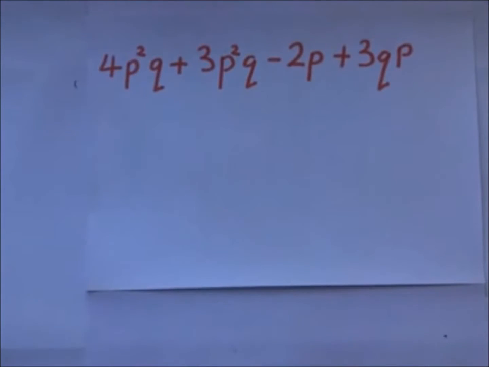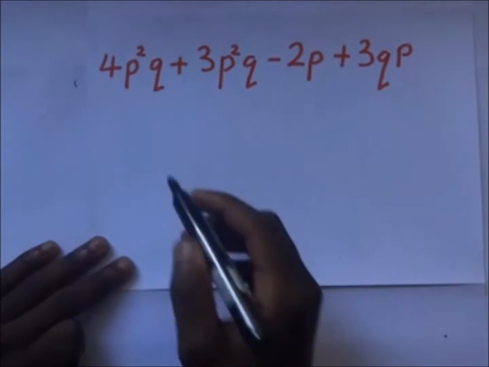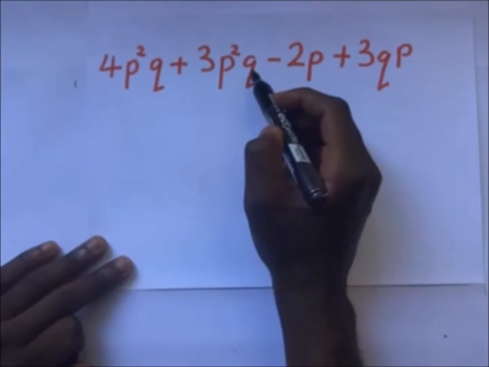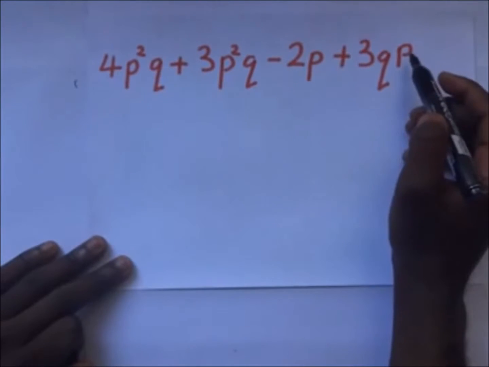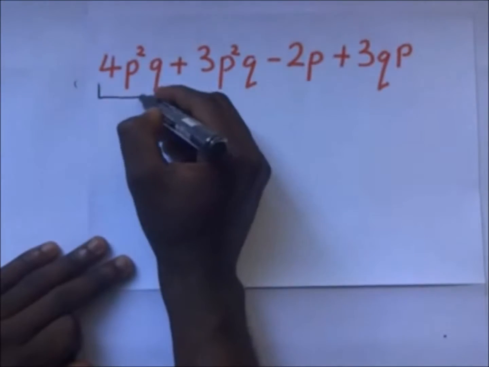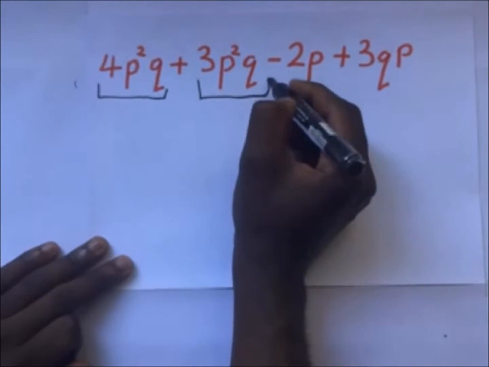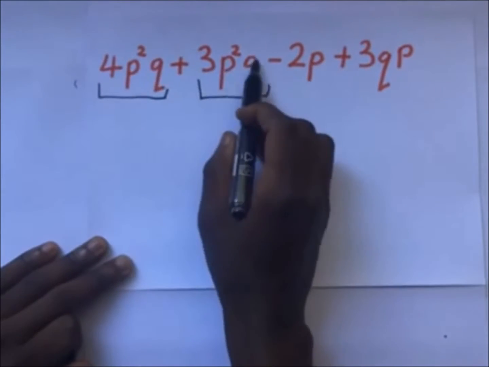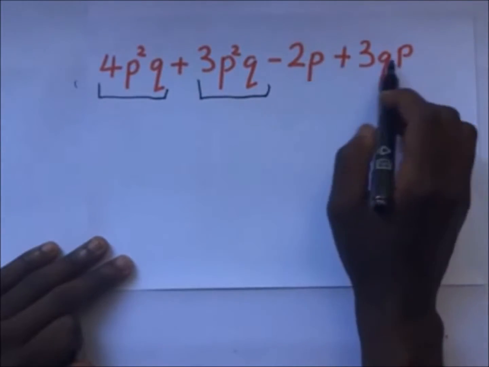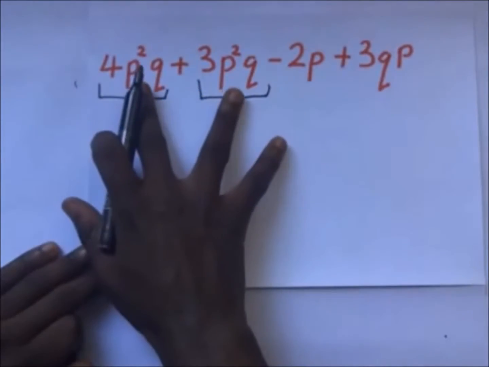Next, we're looking at this algebraic expression. We have p squared q, we have p squared q, we have p, then we have qp. If you realize here, looking at the unknowns, this term and that term are like terms because they have the same bunch of unknowns. But this 2p and this qp, these 2 are unlike. They do not resemble this.